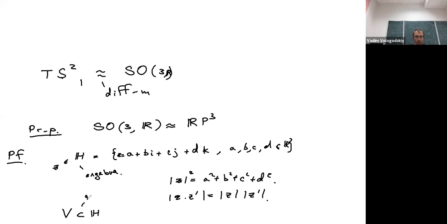So given by the equation A equals 0. So this is just a three-dimensional space. Consider only, you remove this term.